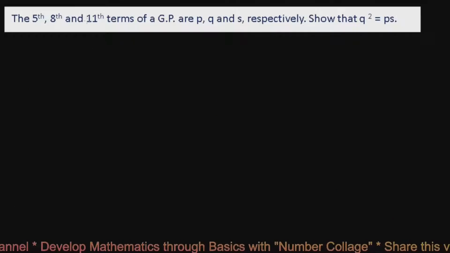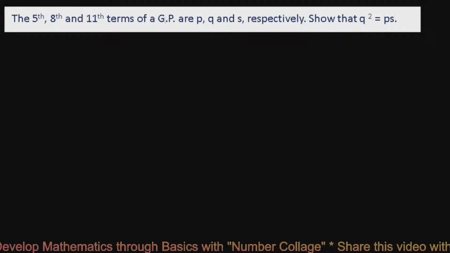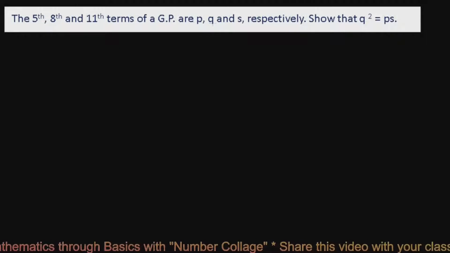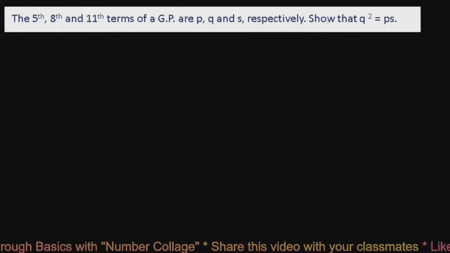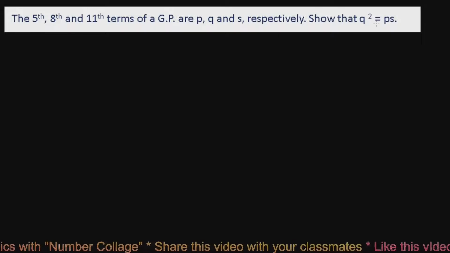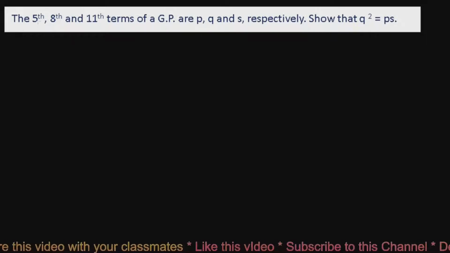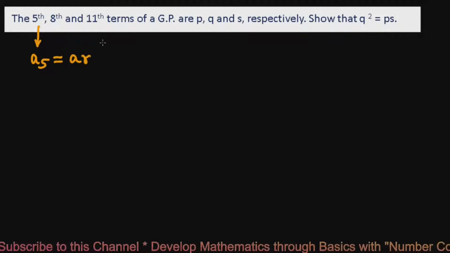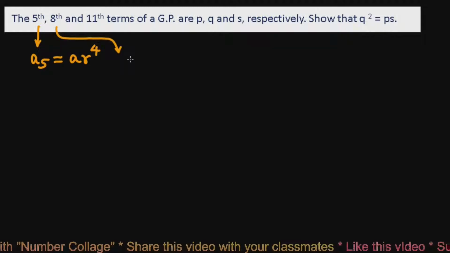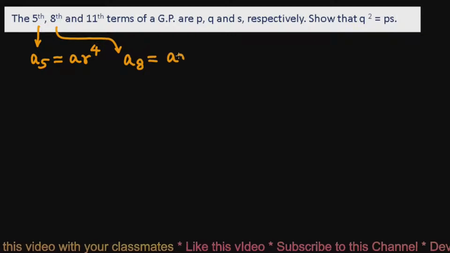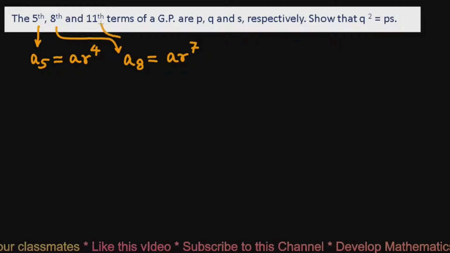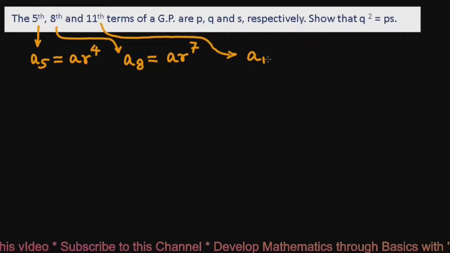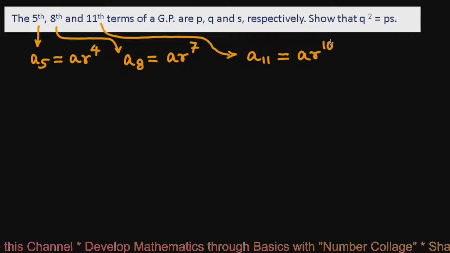Next problem is the 5th, 8th and 11th terms of a GP are P, Q and S respectively. We have to show that Q square equals P into S. Here 5th term A5 will be A R power 4. 8th term A8 will be A R power 7 and the 11th term A11 will be A R power 10.